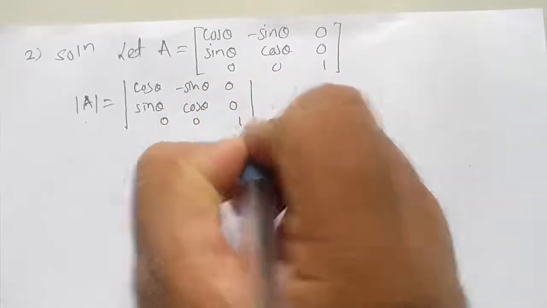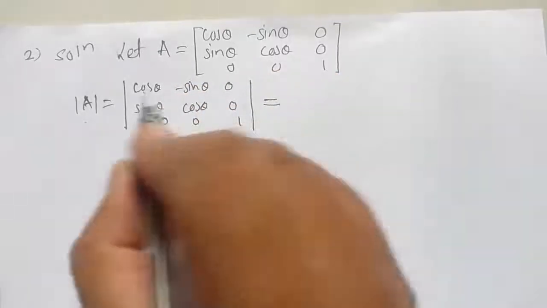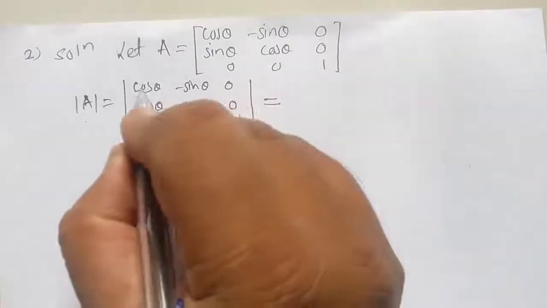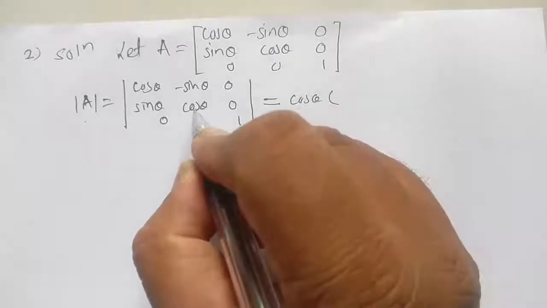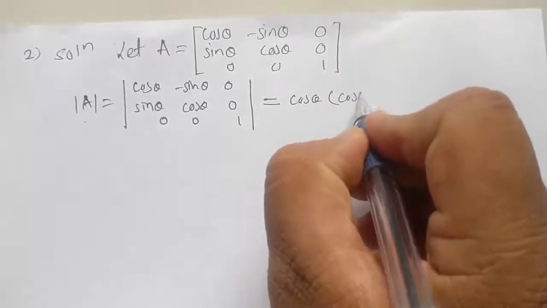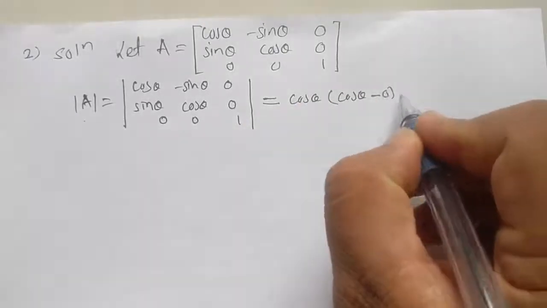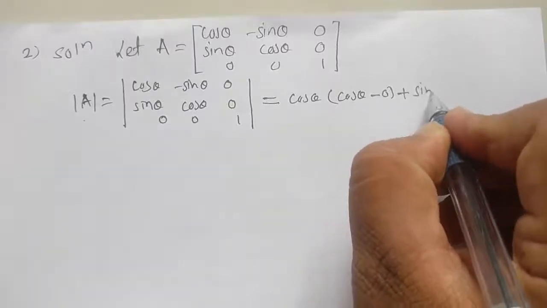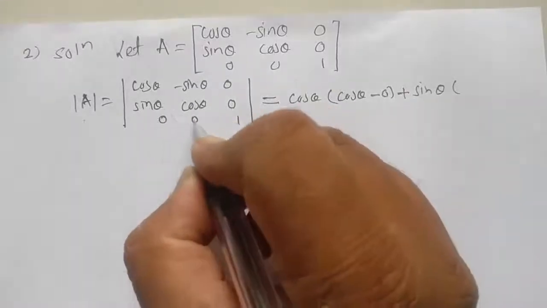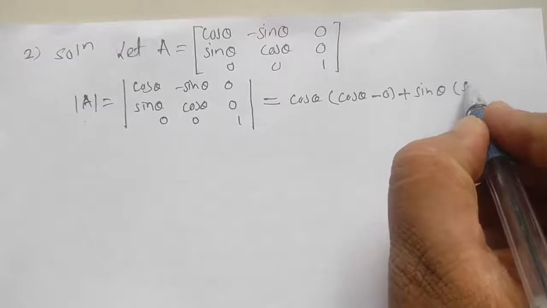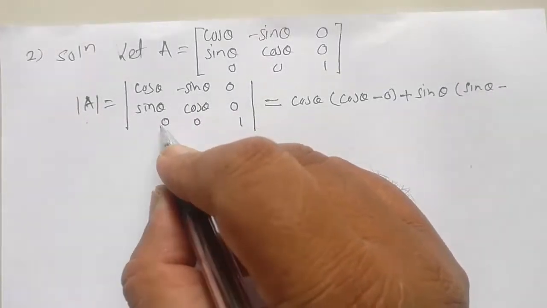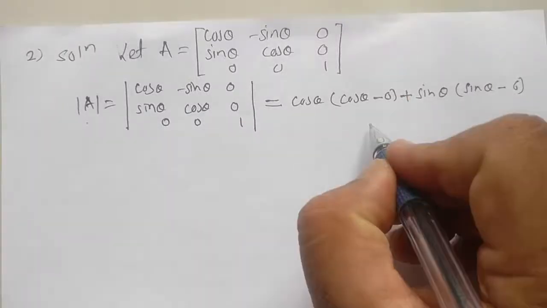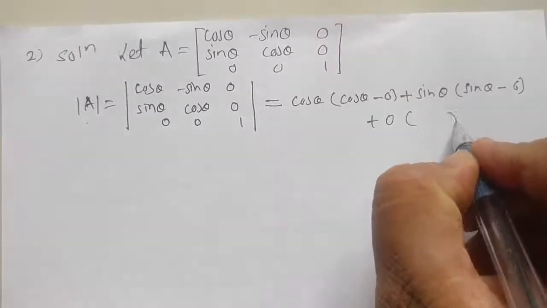Now we expand this determinant by the elements of the first row: cos theta into 1 cos theta minus 0, minus minus becomes positive, sin theta into 1 sin theta minus 0 into 0 0, 0 into anything is 0.